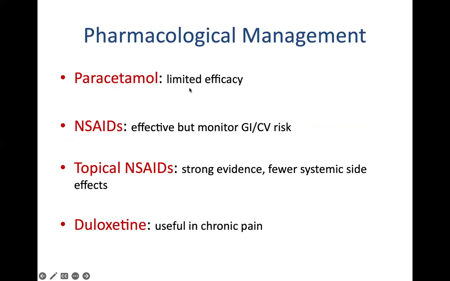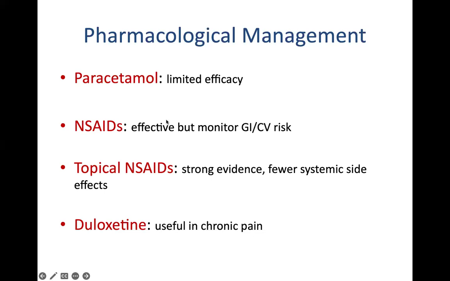So as we mentioned, paracetamol, non-steroidal, topical, and finally also duloxetine. There is evidence that duloxetine could give good results, especially in chronic pain that's not responding, because paracetamol and non-steroidals you also cannot use for a long time.